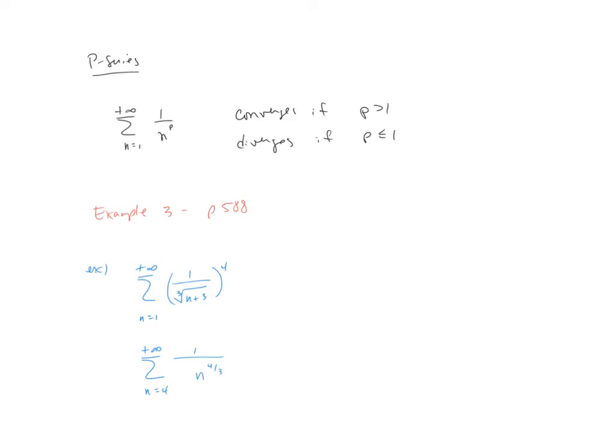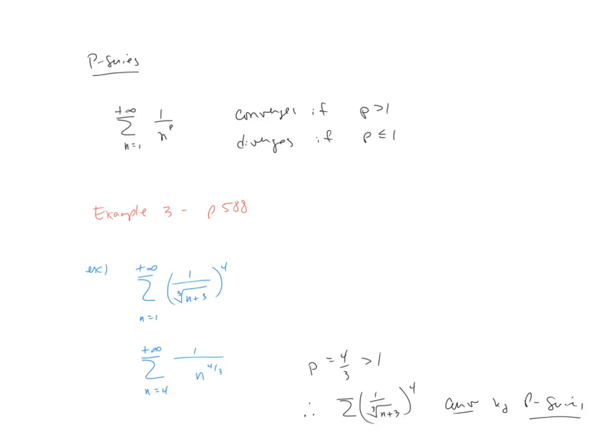Now that we're in the appropriate form, since our p is going to be equal to 4/3, which is bigger than 1, we can say, therefore, the original, much more complicated looking series would converge by p-series, because of that p being bigger than 1.